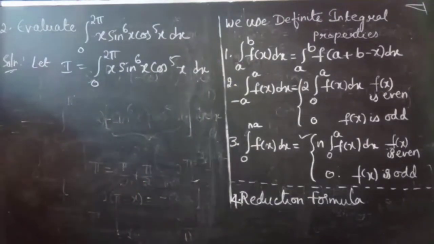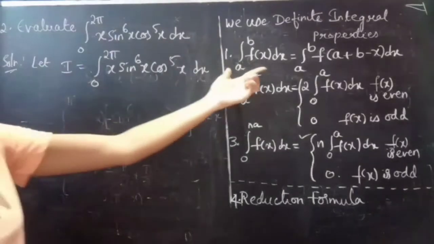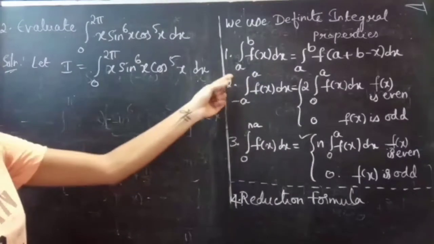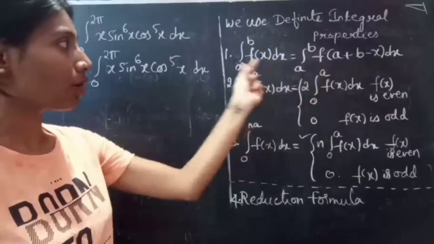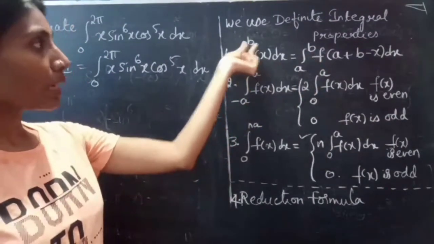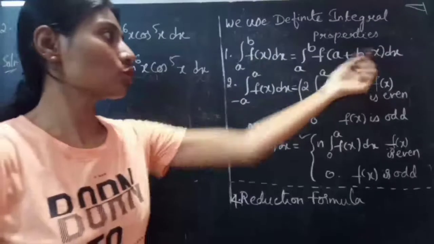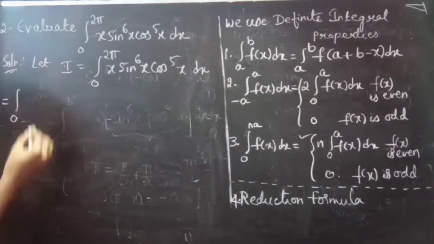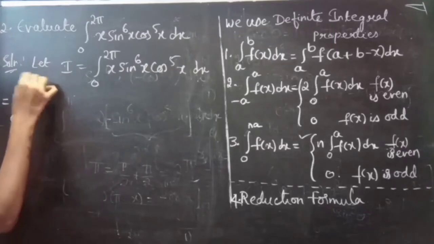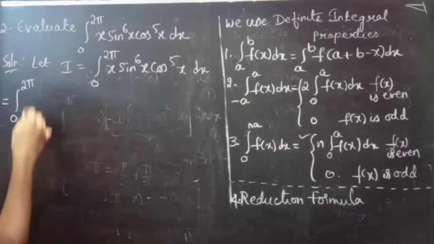Okay. So now we are going to apply the first property. Integral from a to b of f of x dx equals integral from a to b of f of a plus b minus x dx. So this equals the integral from a, that is 0, to b, which is 2 pi, of x.